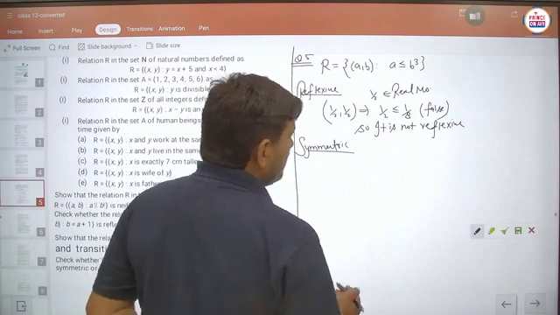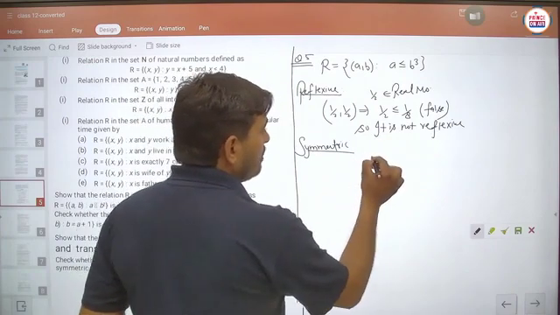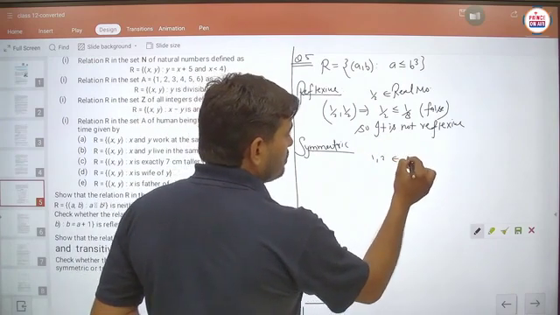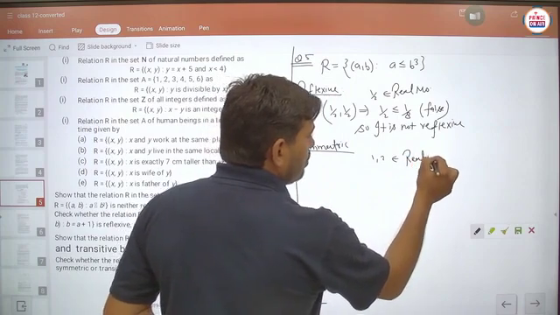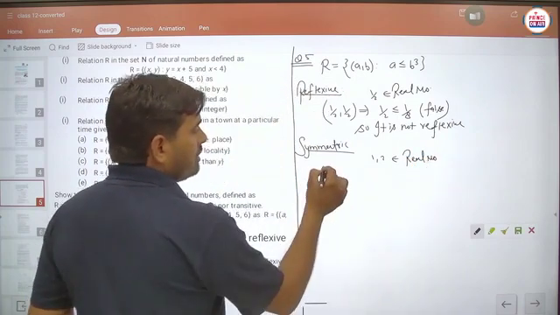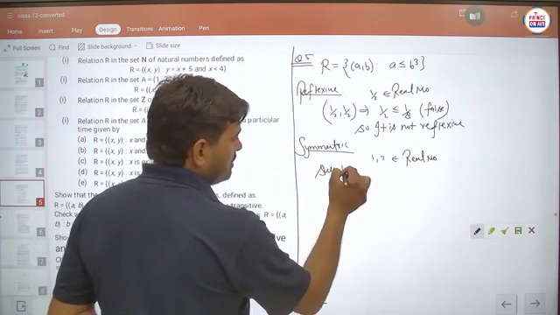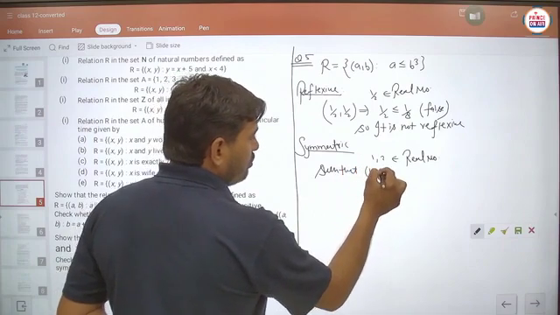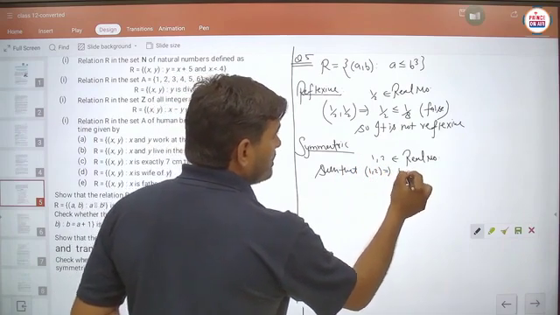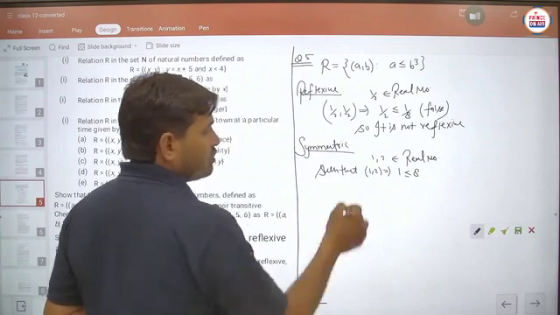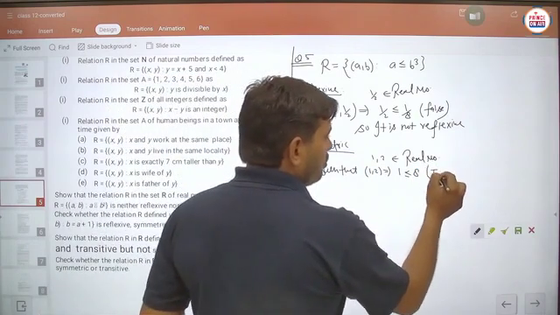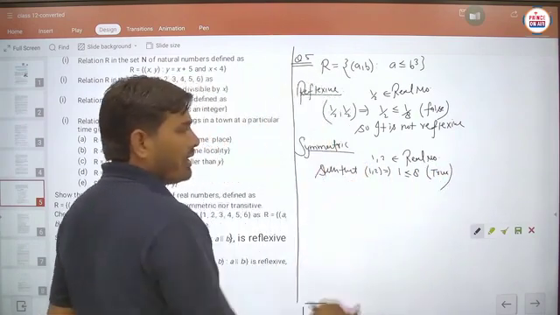So suppose (1, 2) belongs to the relation, which implies 1 is less than or equal to 8, because 2 cube is 8, which is found to be true. No problem, this ordered pair exists.